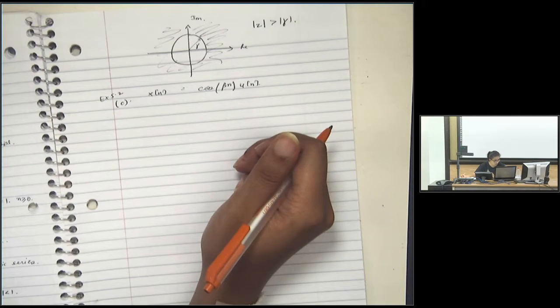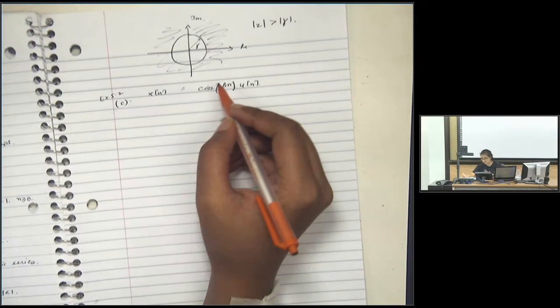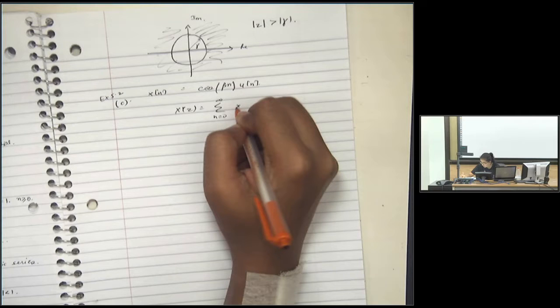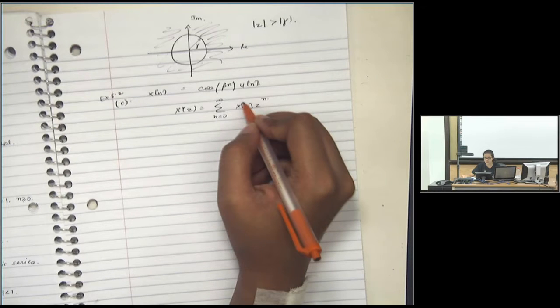Now, how can we write cos beta n as exponentials? So a quick trick is, since our z transform formula has this z raised to power n, it's a good idea if we transform our x of n to be exponentials.